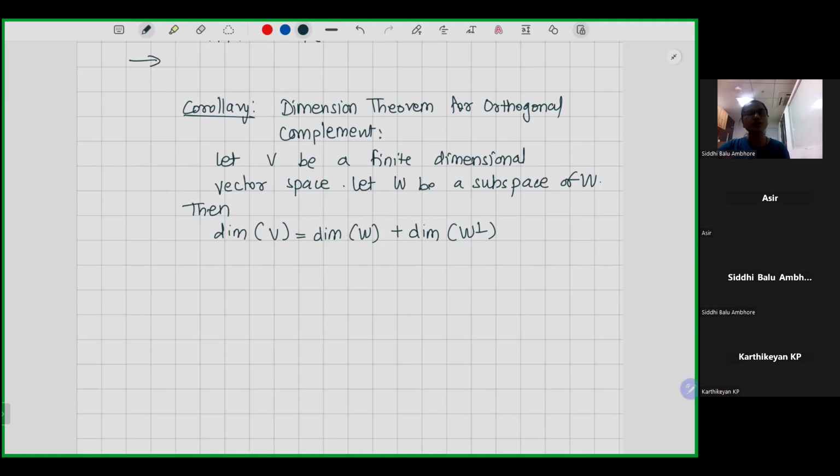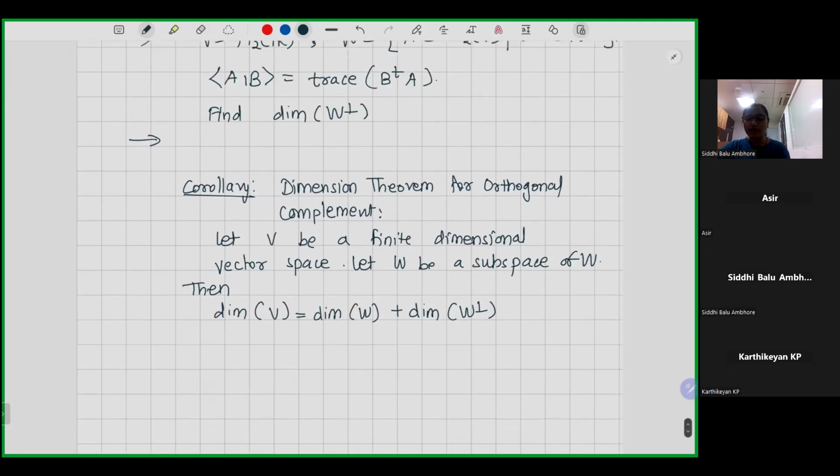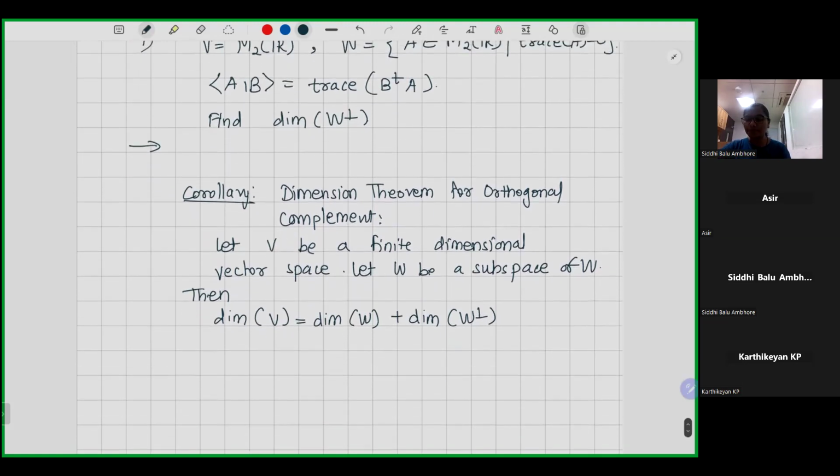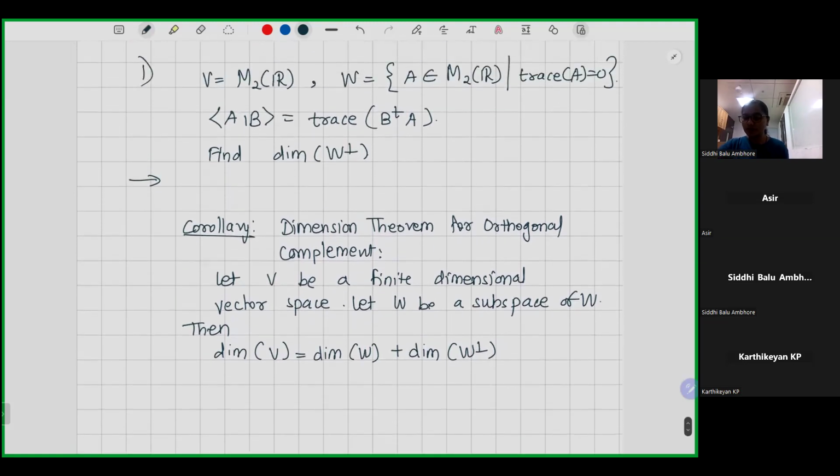So it follows directly from that proposition, and we have to prove this. But from this, what will be the dimension of this W perp?